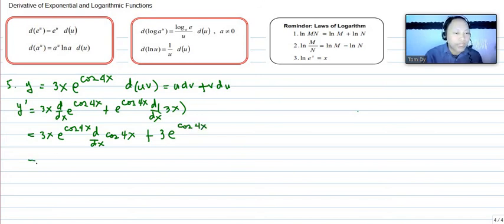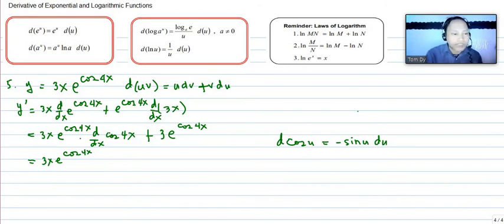Now we have 3x times e raised to cosine 4x times the derivative of cosine 4x. Take note, the derivative of cosine u equals negative sine u du.